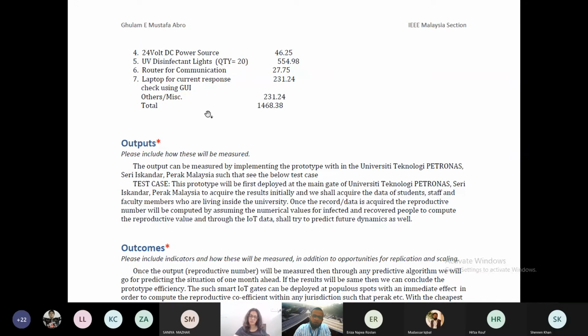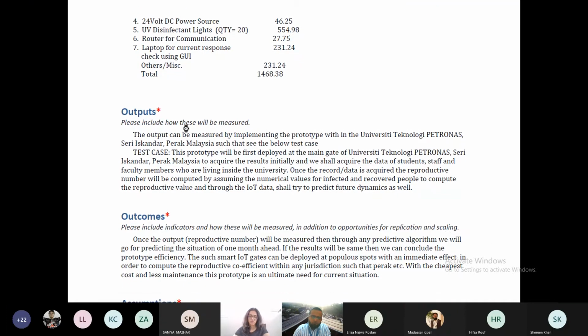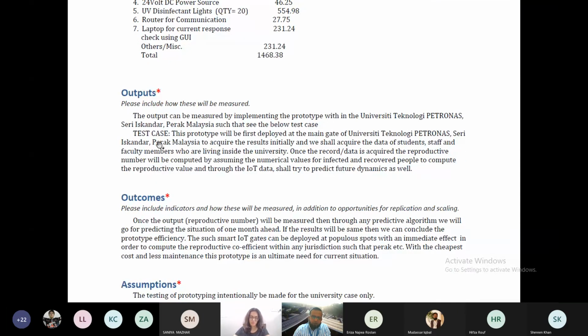My intention was to let them know that I've been using these components as my inputs, and I'll be focusing on my output, that is the reproductive coefficient, and it will help me predict how COVID-19 will spread within the region. So this is the output, and over here you can see the test case.